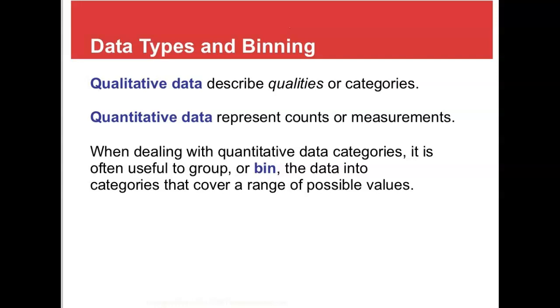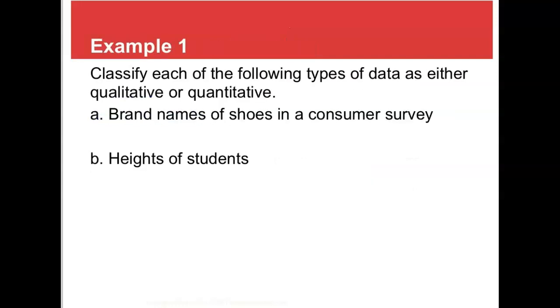Does it make sense to take an average zip code? No, that would be a meaningless number, right? So when we deal with quantitative data, we'll generally put it into categories that we're going to call bins. And we can use those bins to graph it.